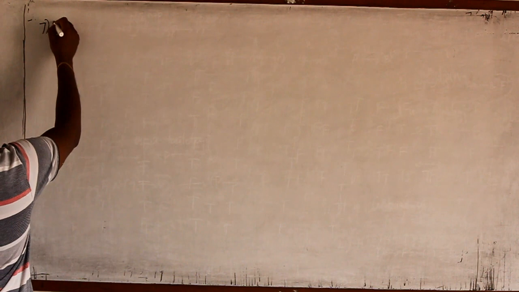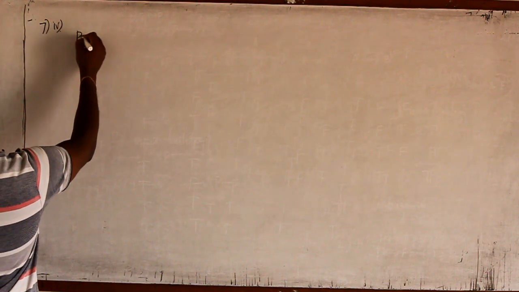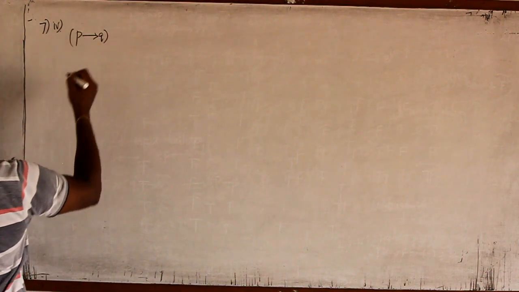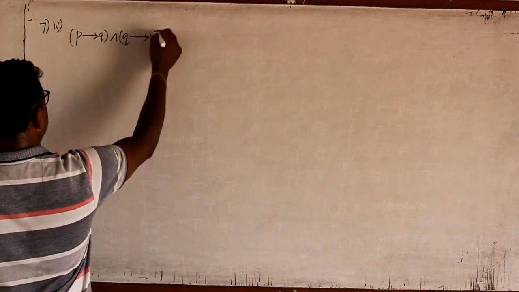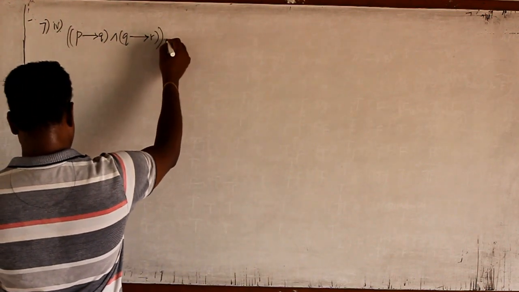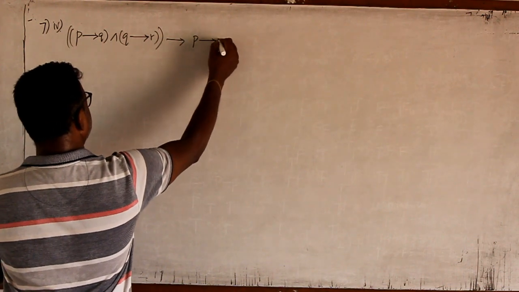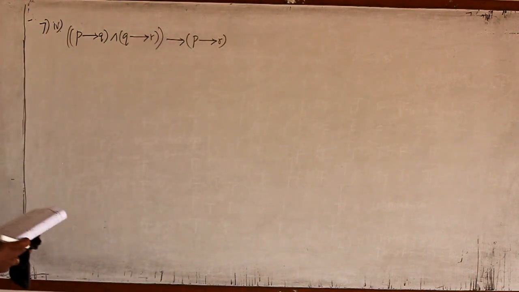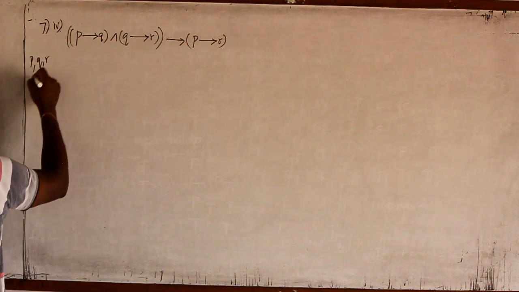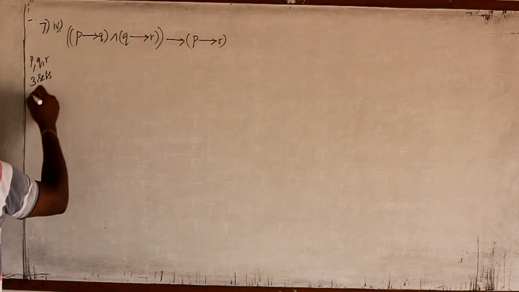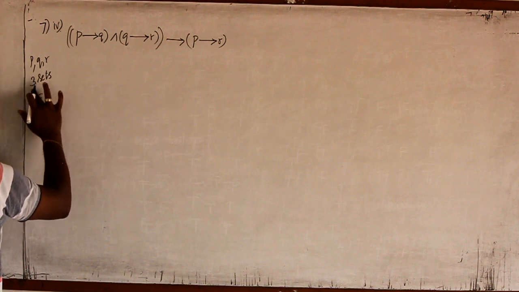So go for the fourth subdivision of the sample. P then Q, and Q then R, more than that, then P then R. I have to find out whether it is a tautology or not. Now see P, Q, R. 3 sets are involved, so the number of elements is 2 cube, which is 8.